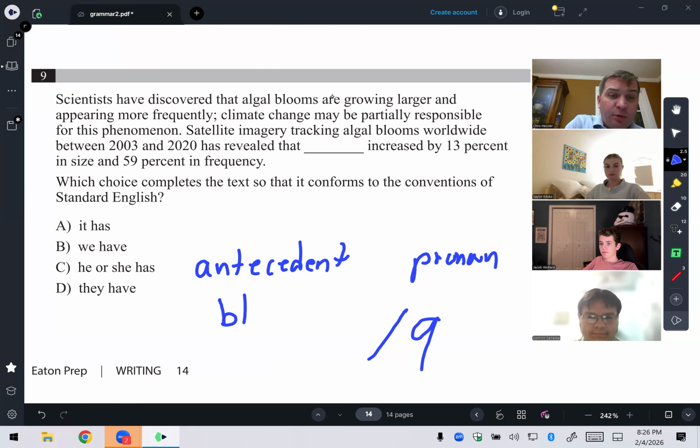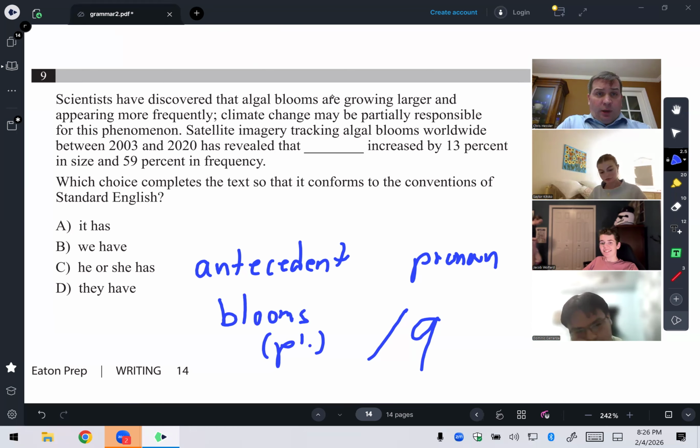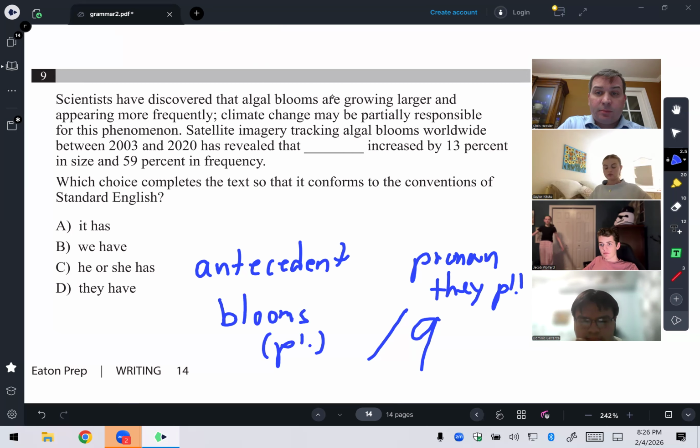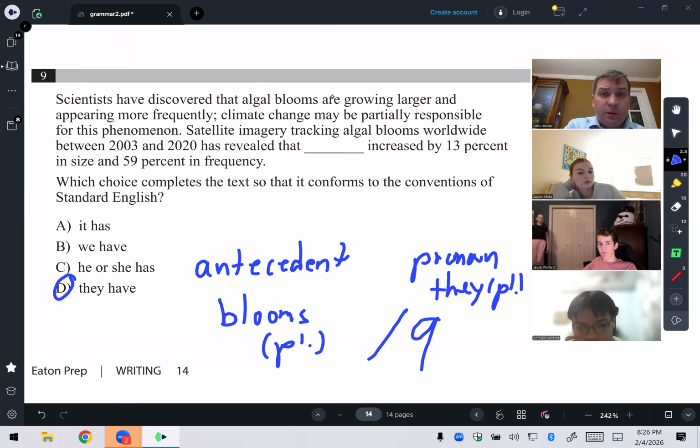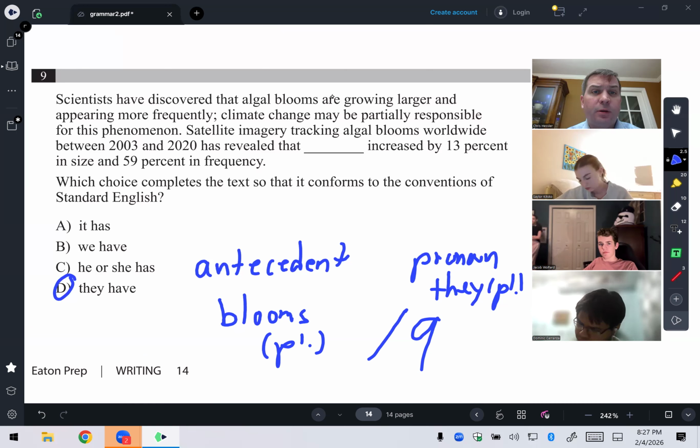So here we have many blooms, which are plural. So they have increased by 13% in size and 59% in frequency. Satellite imagery tracking algal blooms worldwide between these years has revealed that they have increased by 13% in size and 59% in frequency.